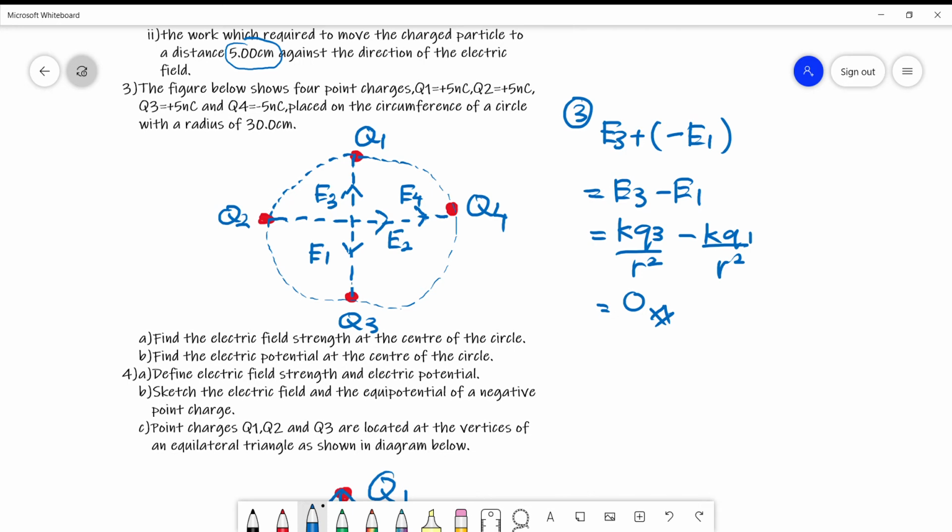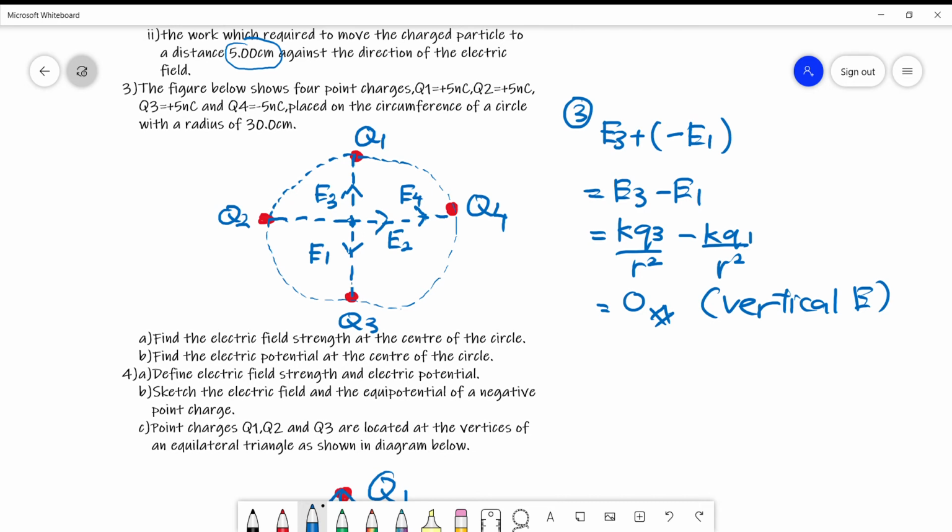This is the electric field strength exerted on the point, the vertical electric field. What about the electric field strength acting horizontally on the point at the center of the circle?